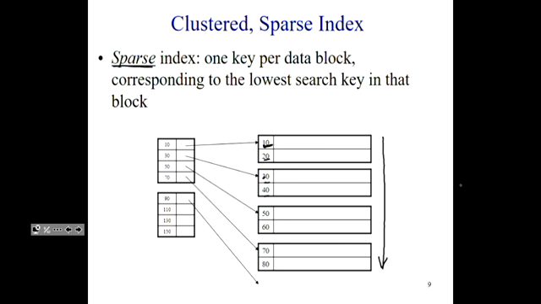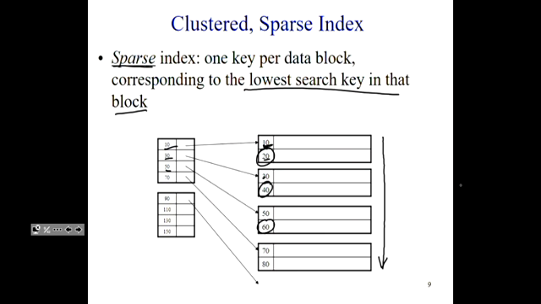You are storing a pointer corresponding to the lowest search key in each block. Here you're storing a pointer corresponding to 10, here you're storing a pointer corresponding to 30, here you're storing one corresponding to 50, and so on. So you're not storing a pointer for 20, you're not storing a pointer for 40 or 60.